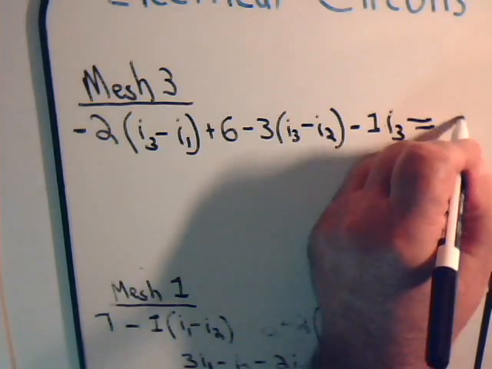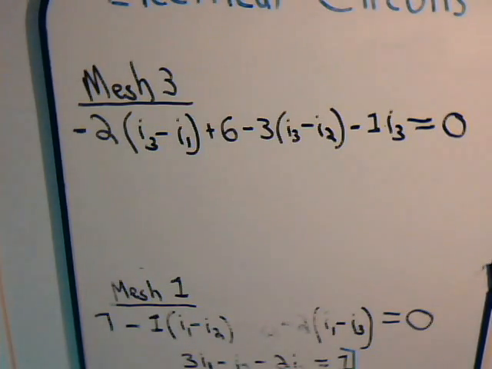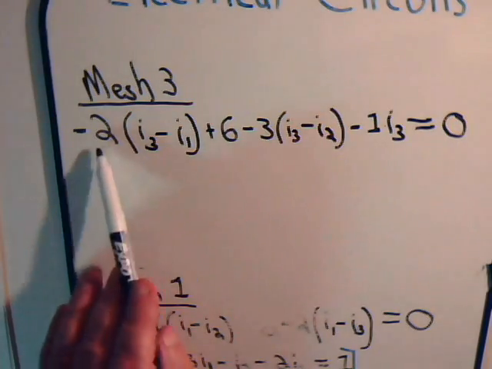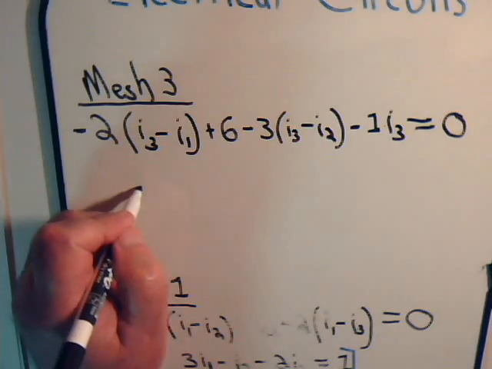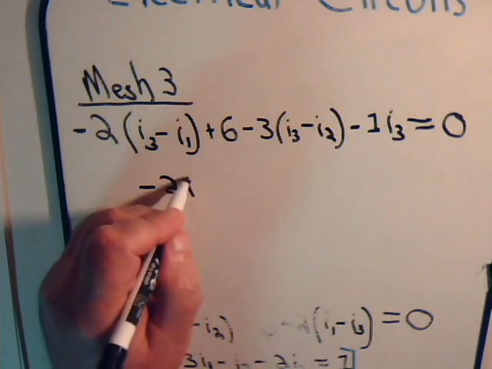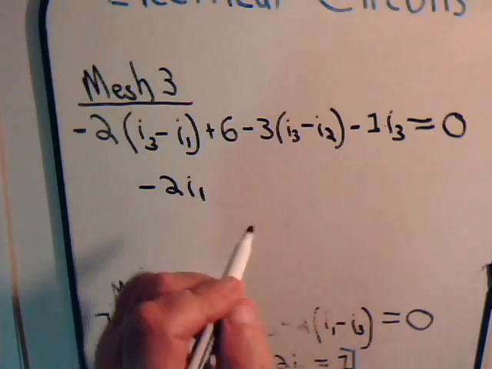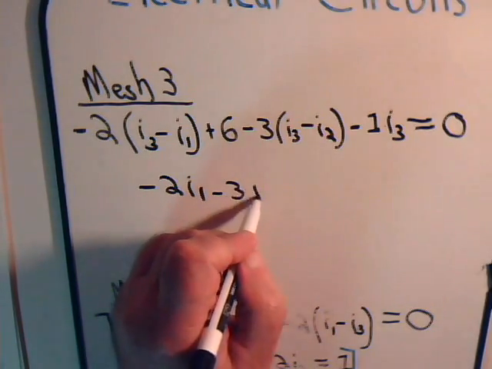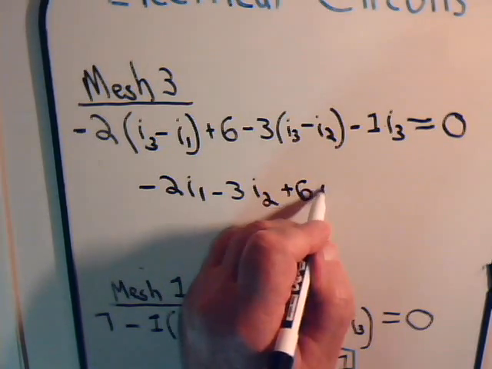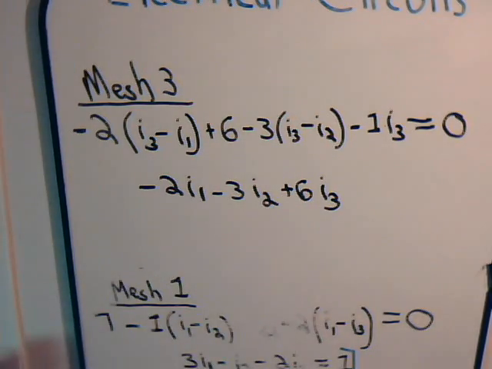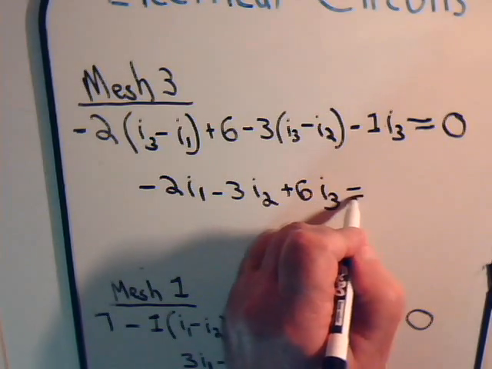And again, all the voltage drops add up to 0 in each one of these meshes. So this is it now for mesh number 3. Again, go across, do simple algebra, collect your terms, and you end up with this expression: minus 2 I1 minus 3 times I2 plus 6 times I3 equals positive 6.